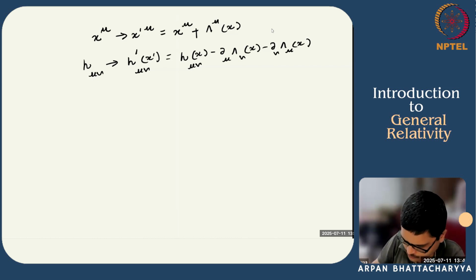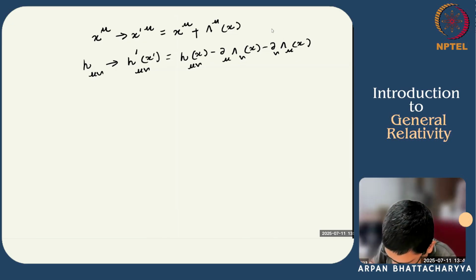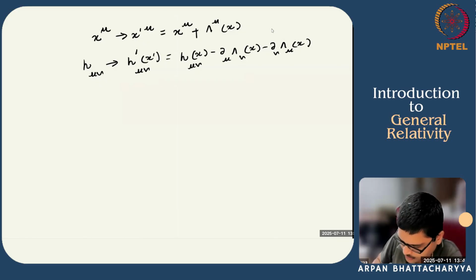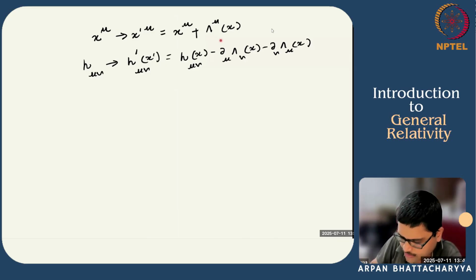So we have a gauge transformation of both the Fierz-Pauli field as well as the coordinate, and this is the same function, this capital lambda, which actually gives you a set of four functions because it's a 4-vector, and it is generating the gauge transformation. And we are working at this point in the linear order in h mu nu, that is, in linear order in capital lambda.